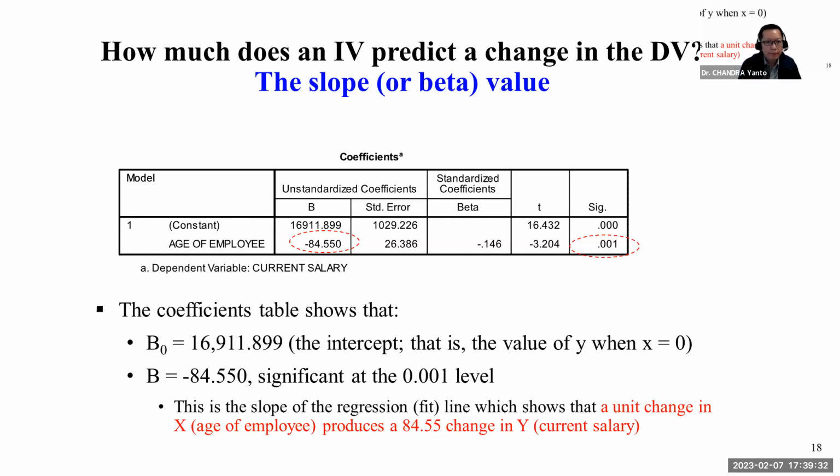So it shows there that regardless of people's age, the salary is 16,911. And then people's age has a negative relationship because it's minus 84.5, which means that every unit of increase in X, that is in employees' age, produces a change of minus 84.55 in the salary.